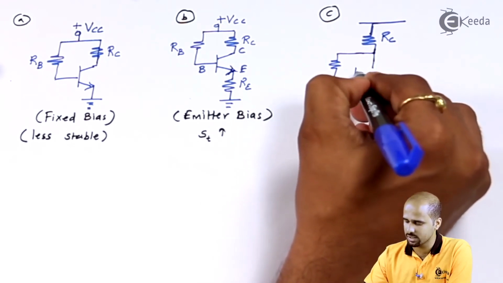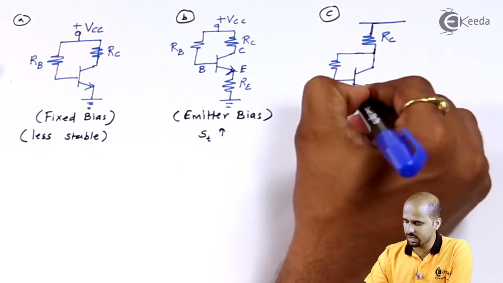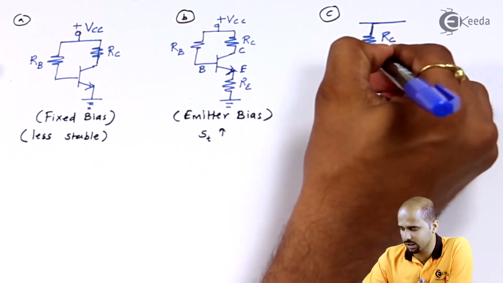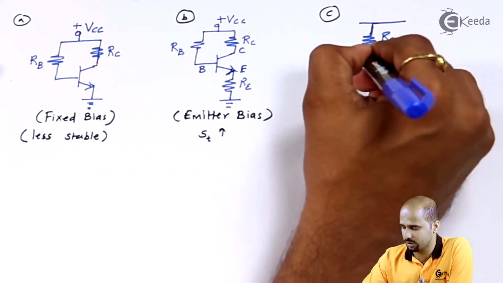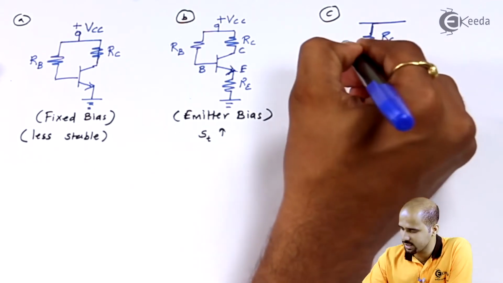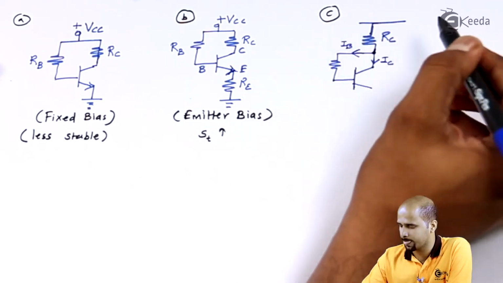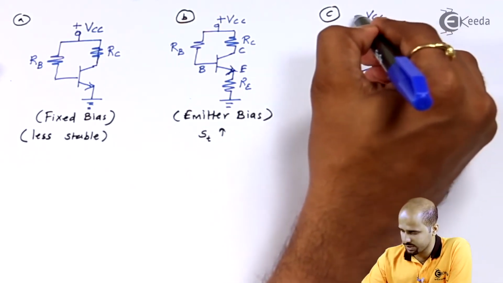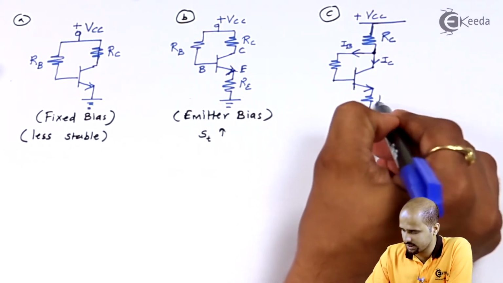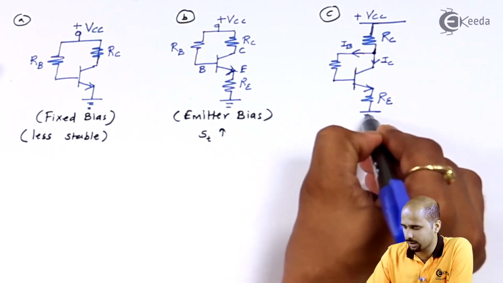From the base we will get the base current, and from the collector we will get the collector current, and here at the junction we will divide two currents, IC and IB. This is your VCC and this is the resistance RE and then ground.